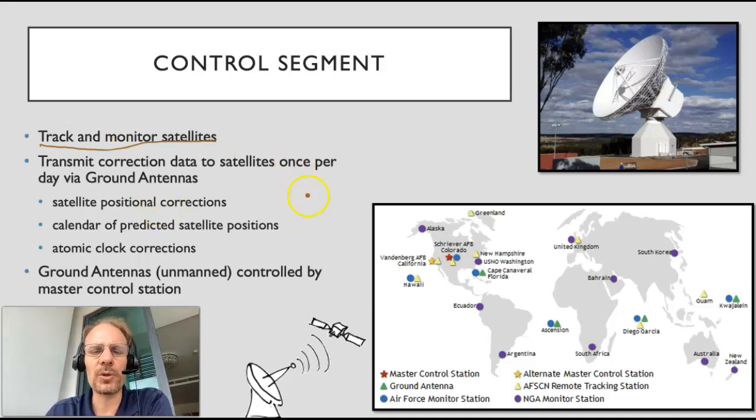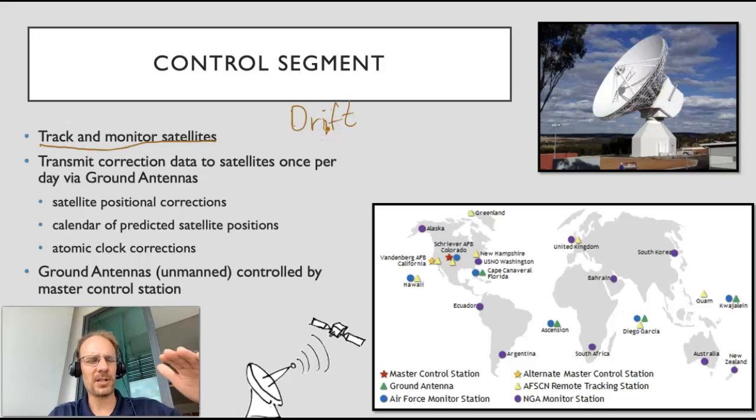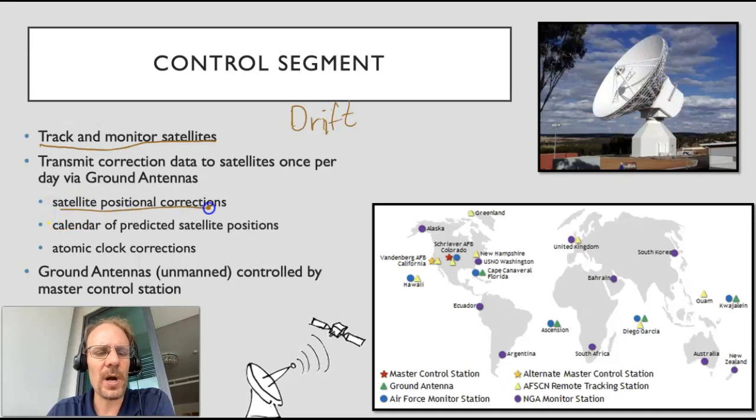We use the term drift. Think of a boat that's not tied down. The boat will actually move in the water even when the engine's not running. It'll drift. The satellites will move a little bit, and so the control segment helps make sure the satellites are in the right position. I have it listed as satellite positional correction.